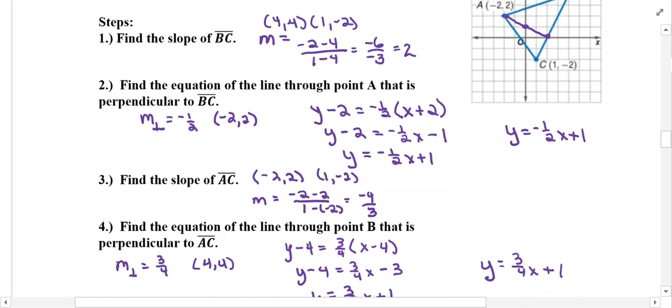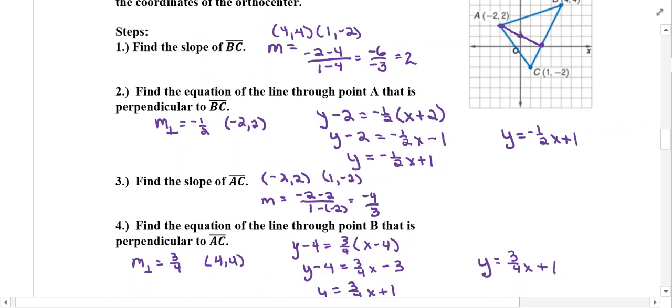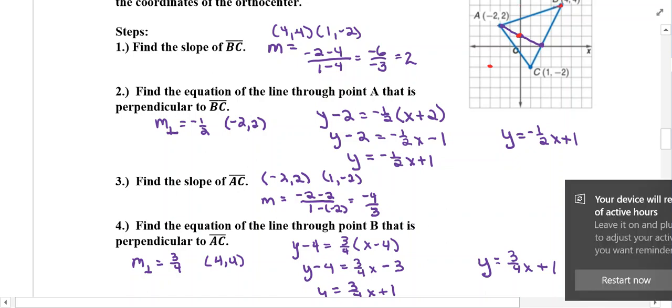So our y-intercept is (0, 1). Our slope is up 3 over 4, or down 3, left 4. So that's our other median.